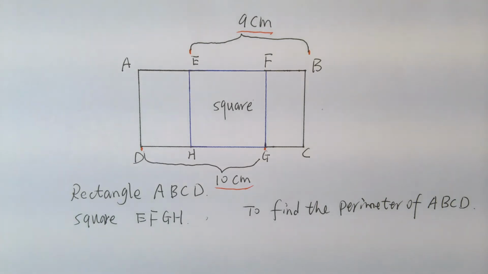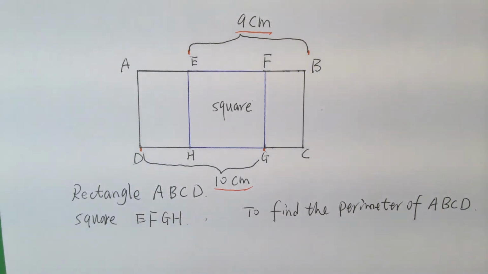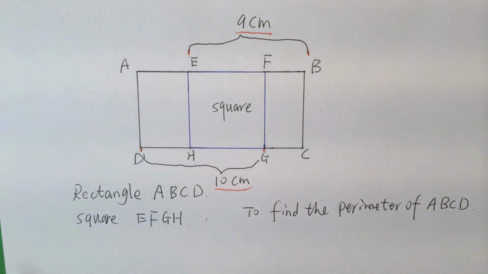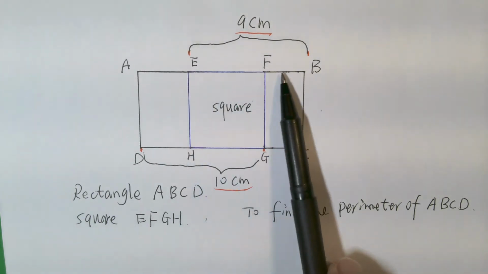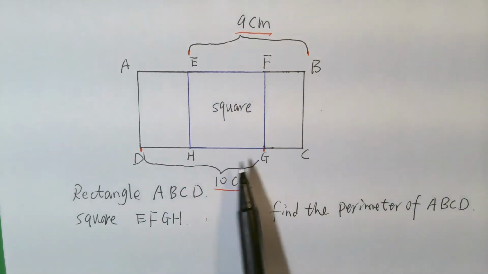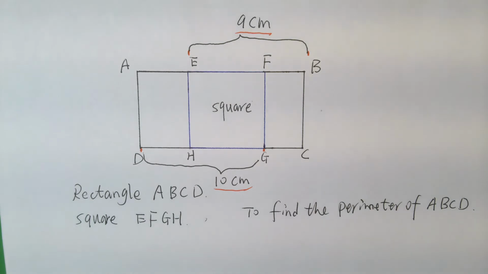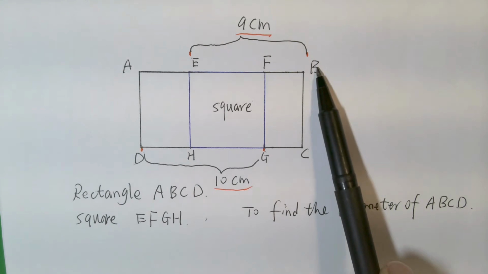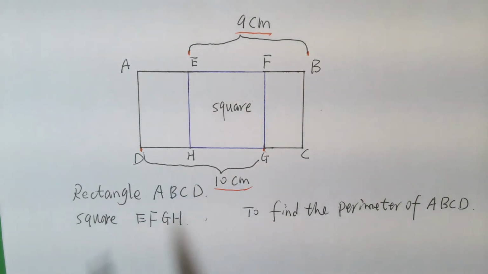We want to find the perimeter of the big rectangle A, B, C, D. We don't know all the side lengths. We do know inside this big rectangle we have a square EFGH, and we only know two distances, from E to B and from D to G. These two distances are different.